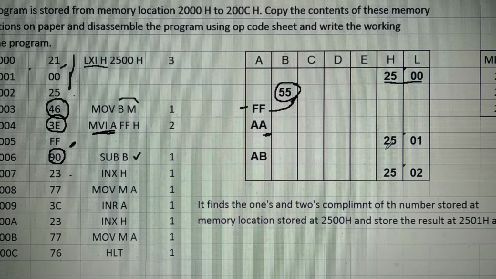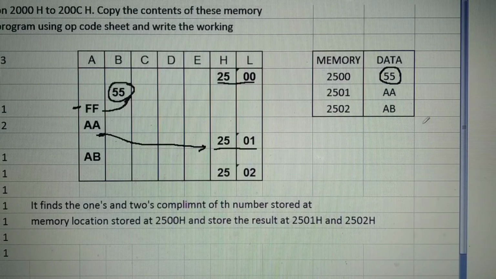INX H: HL gets incremented by 1 and becomes 2501. This is a 1 byte instruction. Next, 77: the meaning of 77 is MOV M,A. The result AA is stored at the 2501 memory location, so at 2501 you will get the number AA.